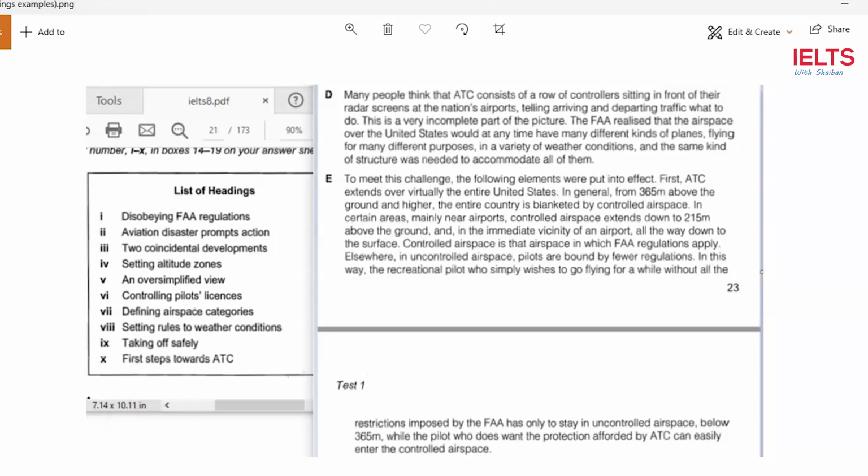So many people think, it's about what people think. We go and match which heading matches this. So what do people think? It's the employees or the workers sitting in a row in front of screens, the controllers, controlling the airport.